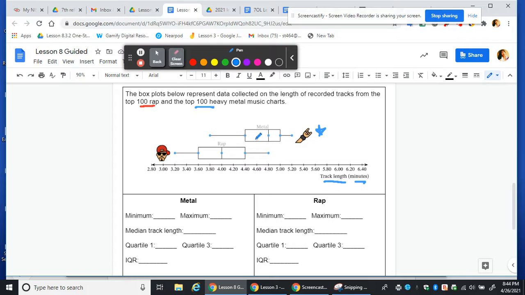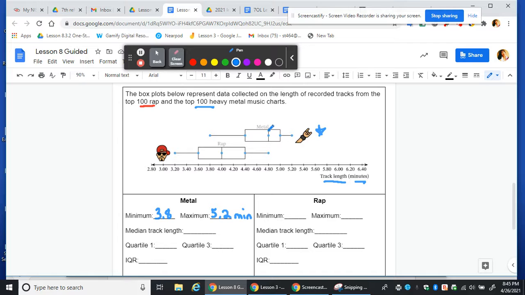First things first, remember to always go back and identify those key components that we've talked about. If we look at the minimum track length of a song here, it's 3.8 minutes. The maximum would be 5.2 minutes. Remember, the units are being measured in minutes.